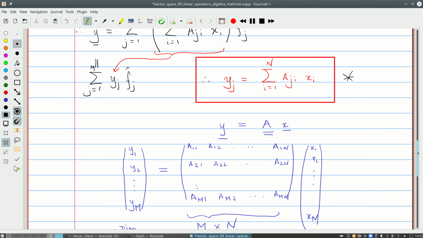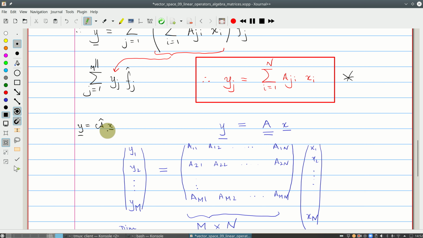So the operator, let's put our original equation down. Originally we had y is equal to A hat operating on x. Now here the operator A hat is an abstract operator. I haven't yet defined what it does on the basis vectors.